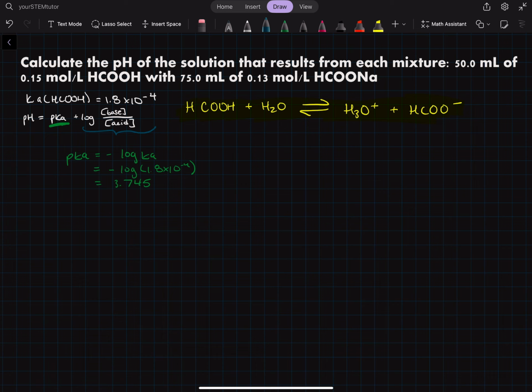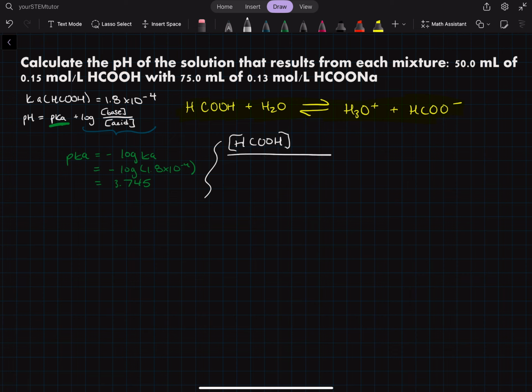So the first thing we'll do is calculate it for our acid. Our acid is here, and we're going to focus on calculating its concentration.